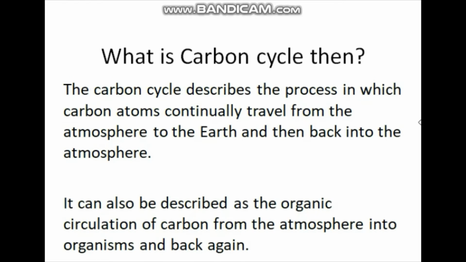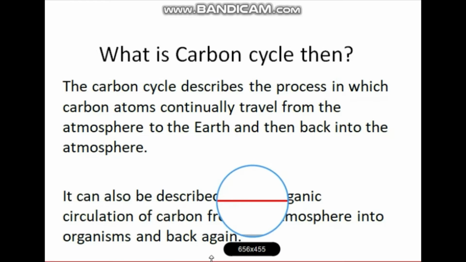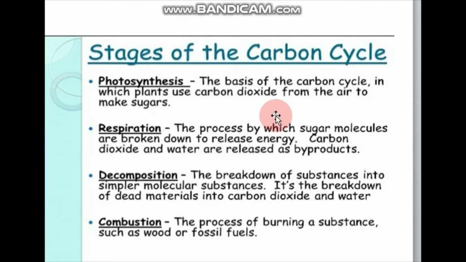We can also describe it as the organic circulation of carbon from the atmosphere into organisms and back again. From the narrative we have seen, from the illustration that we just looked at, we can identify 4 stages of the carbon cycle.